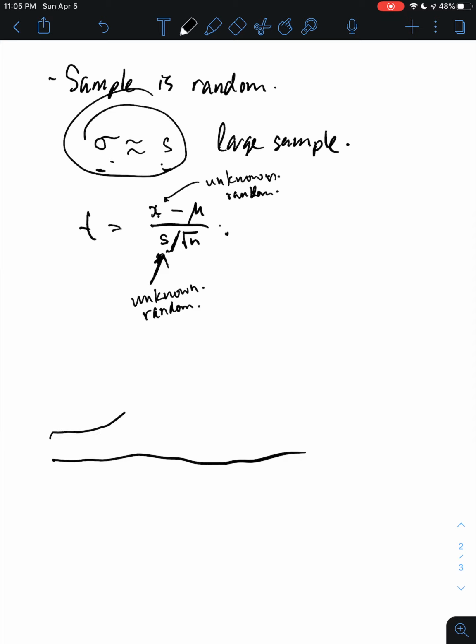This is the t distribution, or the Student's t distribution, which I wish was called Gossett's distribution. It looks very much like a normal distribution. It isn't the same though. Here's a normal distribution. A normal distribution has a higher peak and narrower tails. The t distribution has a lower peak and fat tails.